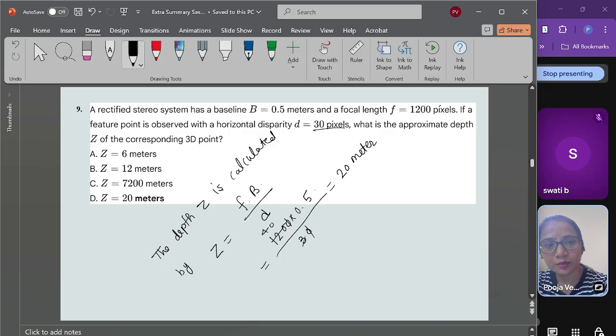Pixels and pixels cancel out, only meters remain. So the approximate depth Z of the corresponding 3D point is 20 meters. Here you can see that option D matches the answer, so option D is the correct answer for this question.